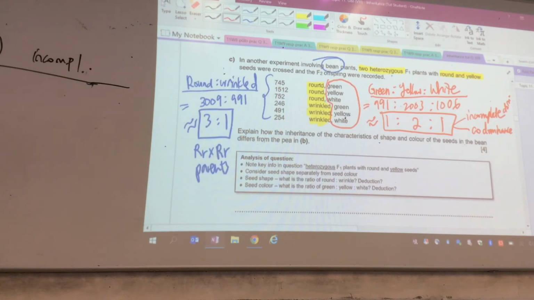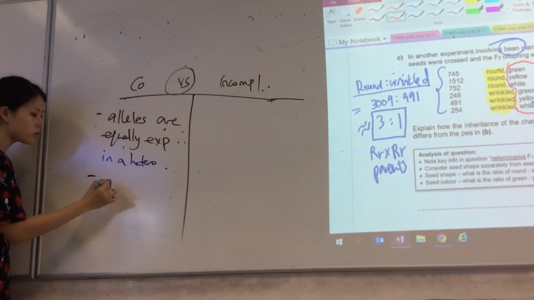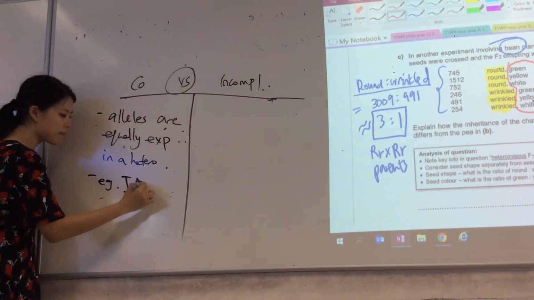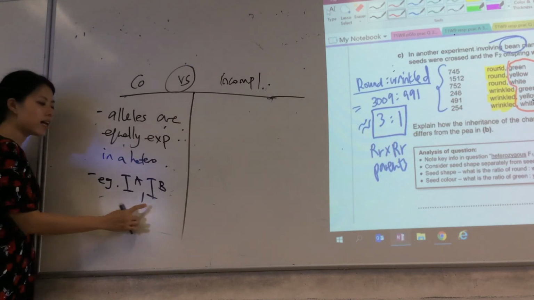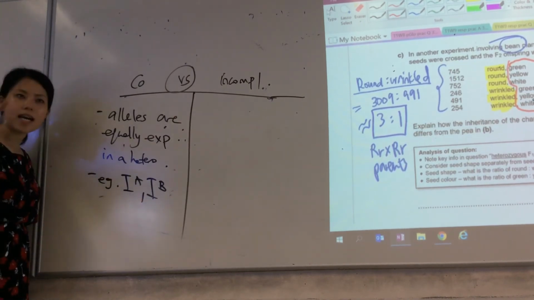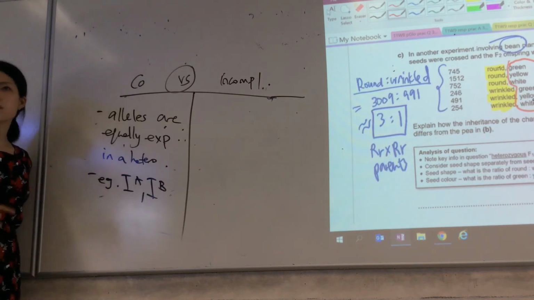Alleles are equally expressed in a heterozygote. The most famous example of codominance is your blood type, IA and IB alleles. In a heterozygote, your blood will have both antigen A and antigen B because they are equally expressed.